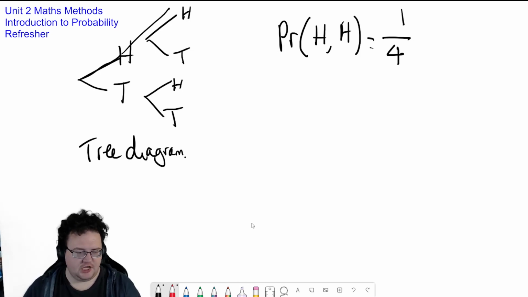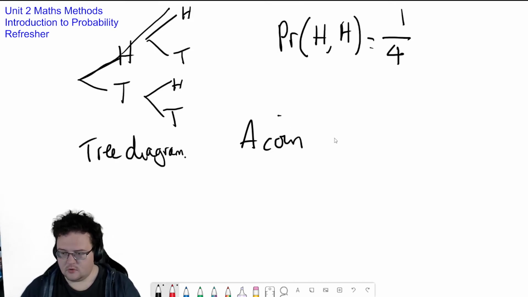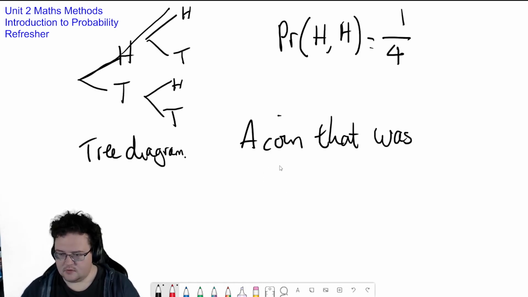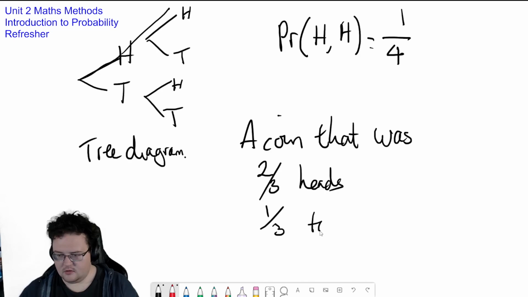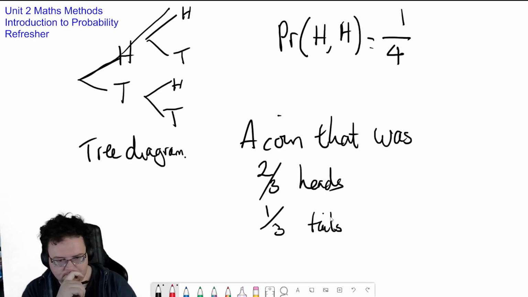How would the probability change if I gave you a coin that was 2 out of 3 heads and 1 out of 3 tails? What is the probability now that I flip 2 heads?